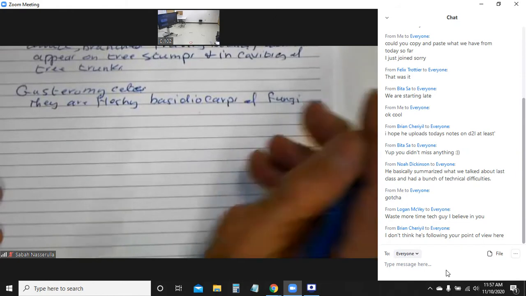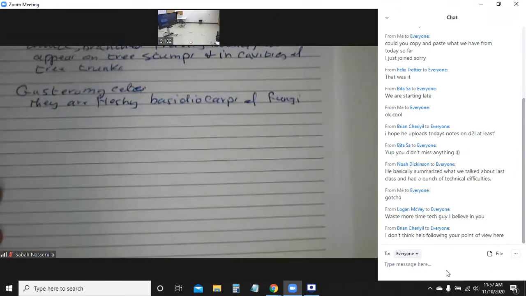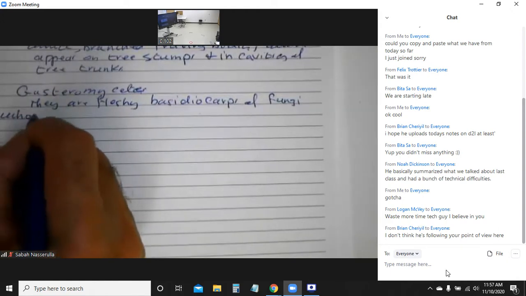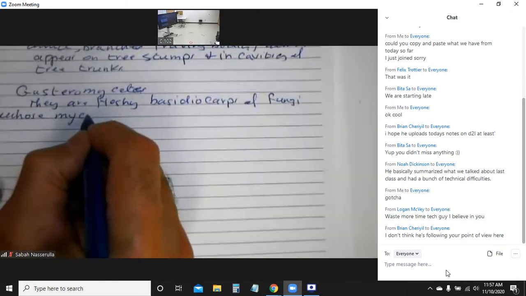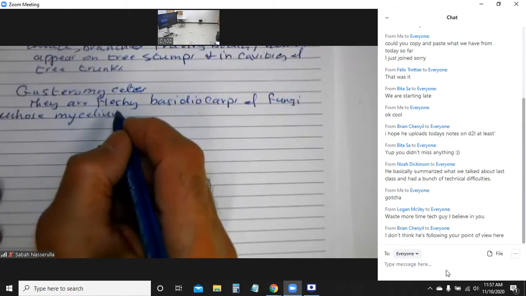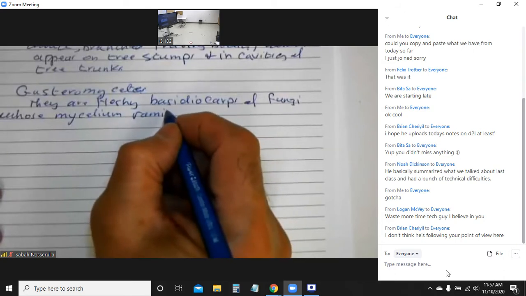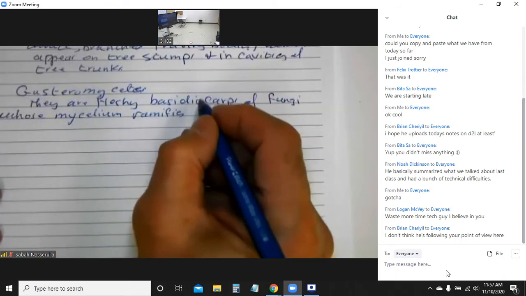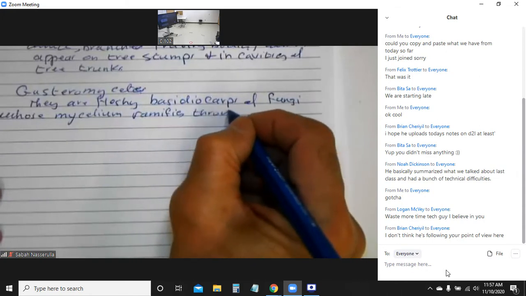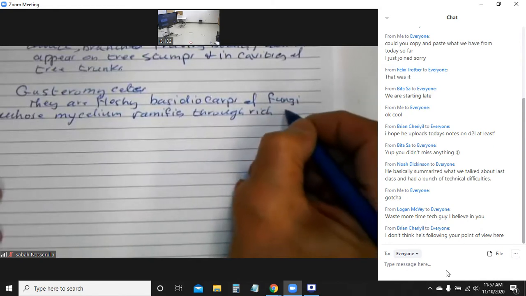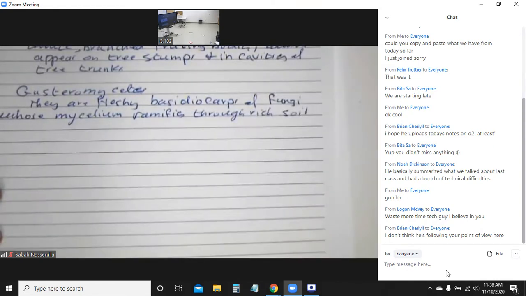Usually their mycelia ramify through decaying stumps and lumber, and they are nourished through rich soil and decaying stumps and lumber.